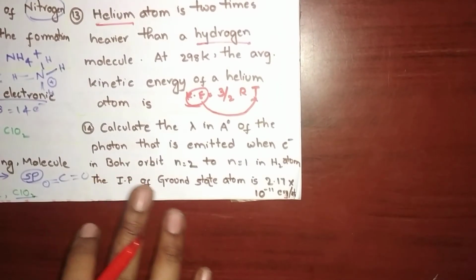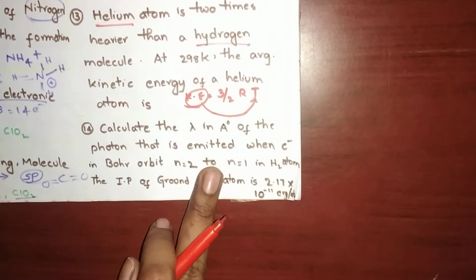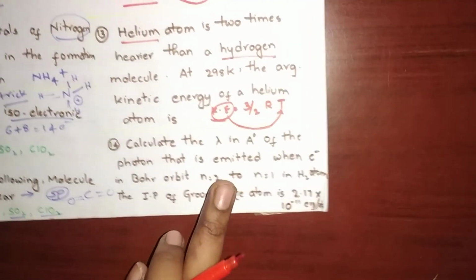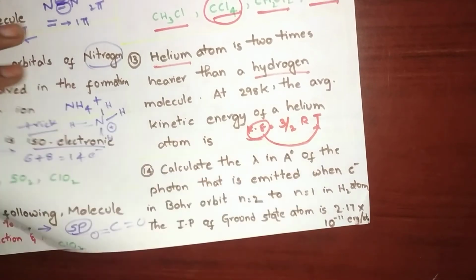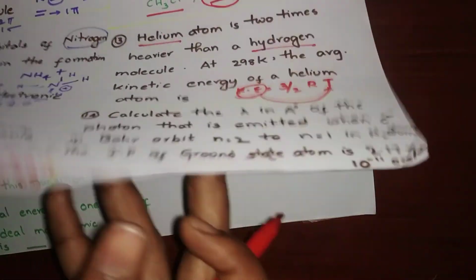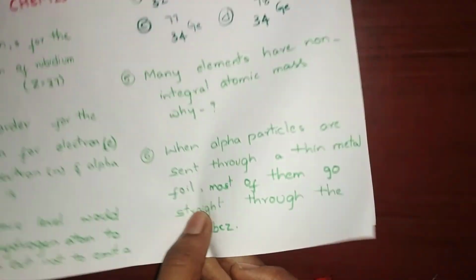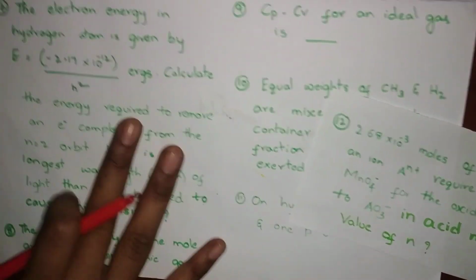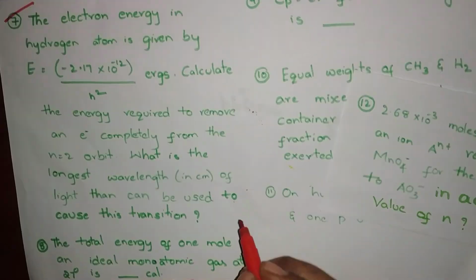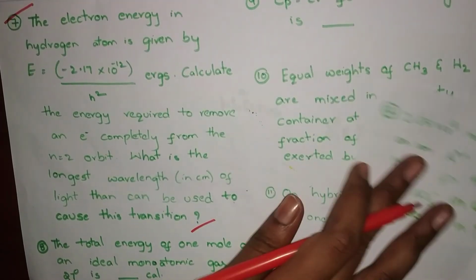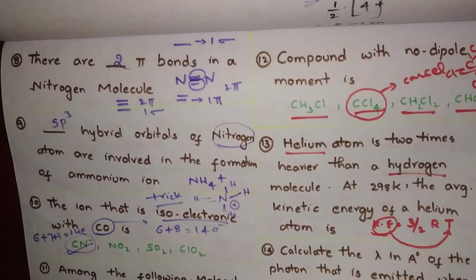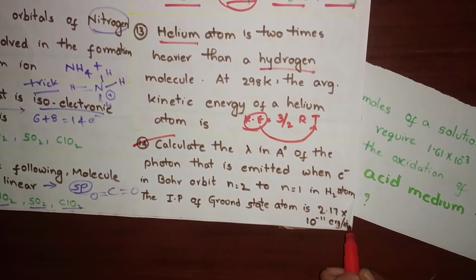Please see this question. This is a 1982 IIT paper question, right? This question was repeated in 1984 IIT. I will show you. Wait. See, 1984. This is the question. Same question repeated.